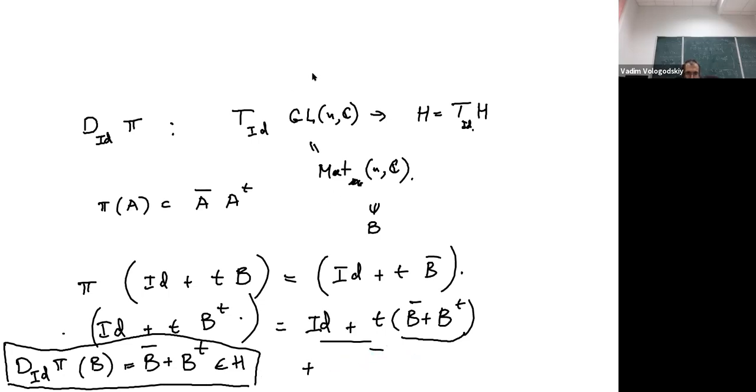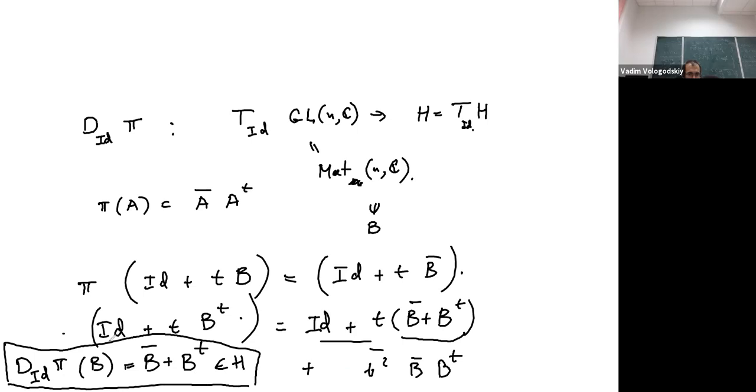So confusing. So this is t squared B bar B transpose. Okay, so we get this formula.